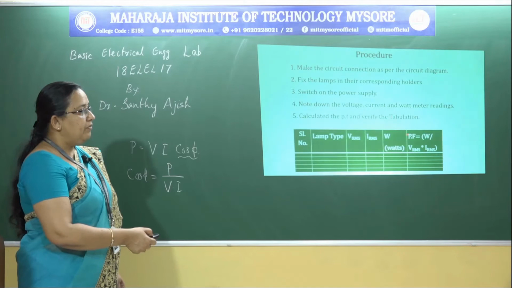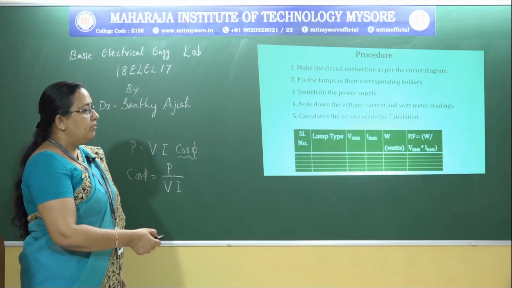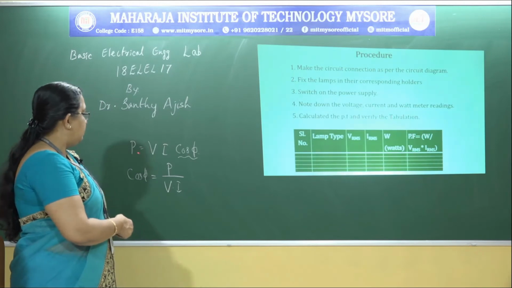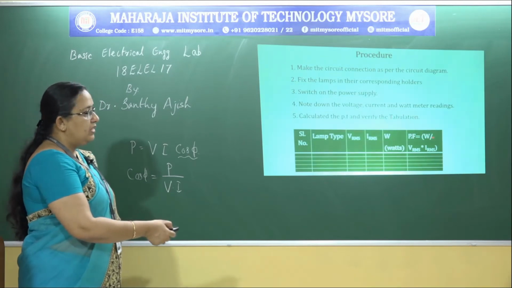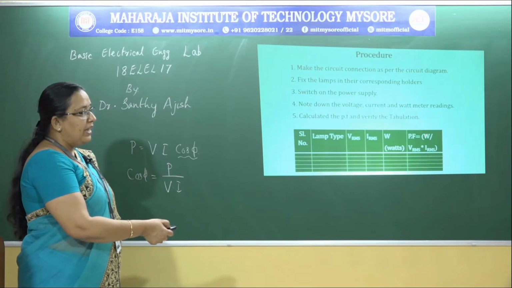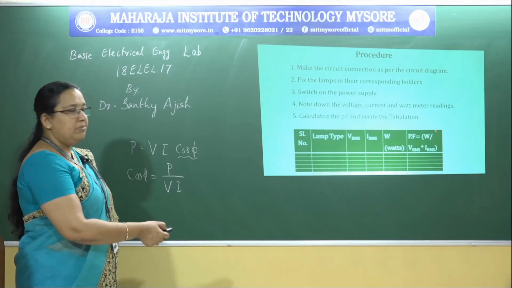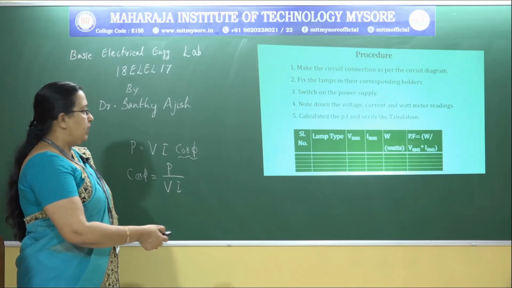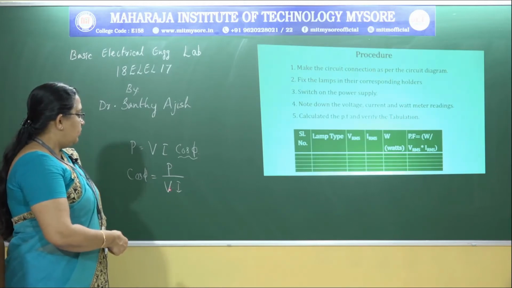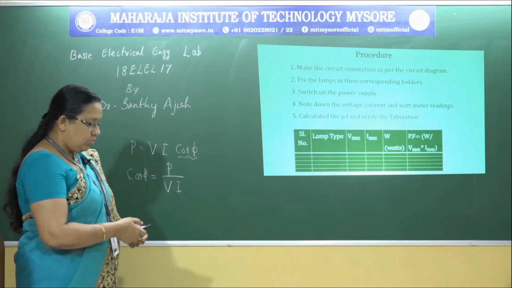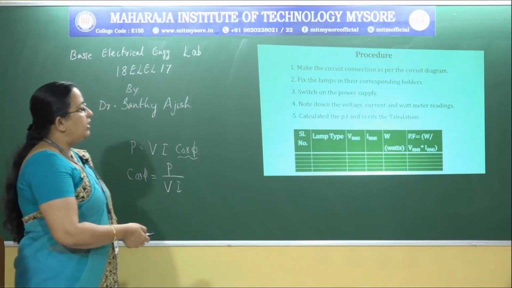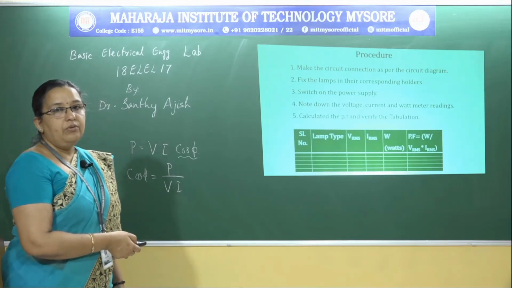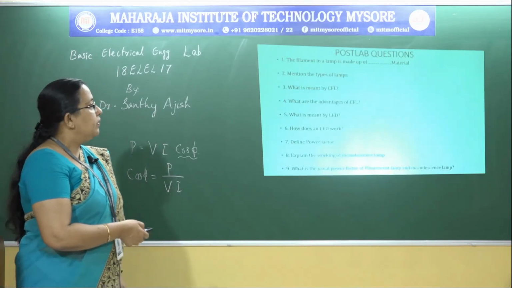So to get the PF, W, the power, divided by V into I. I have written it as P, and W and P are one and the same; as power is measured in watts, it is sometimes referred to as W. So V and I are the RMS values. That is how you calculate the power factor, by measuring the power, voltage and current.